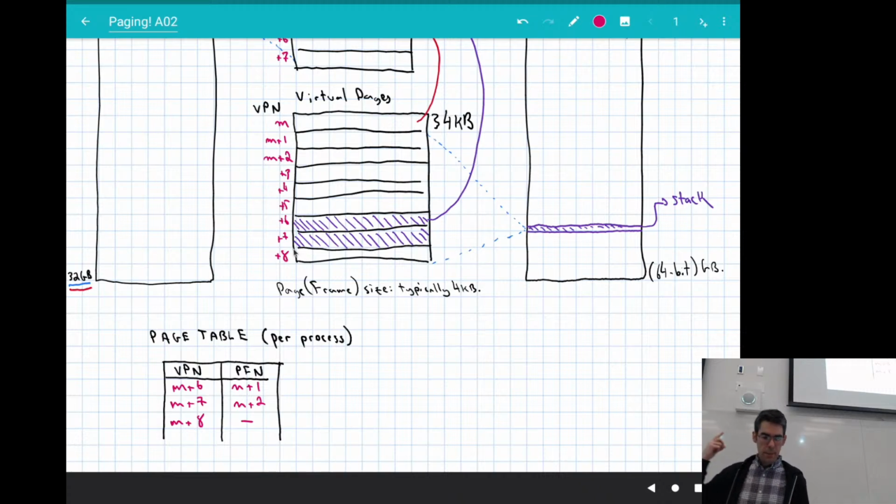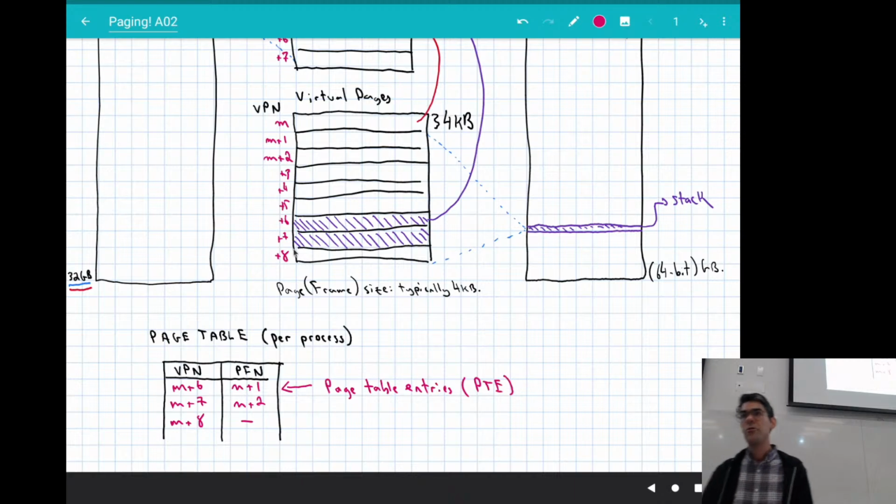I'm going to put this back up in a second, but these entries here are page table entries. The acronym here is PTE, page table entries. Page table entries are something that we as an OS are responsible for populating. This is going to be part of our process control block.